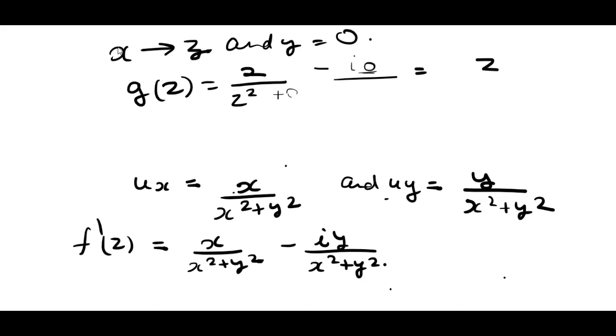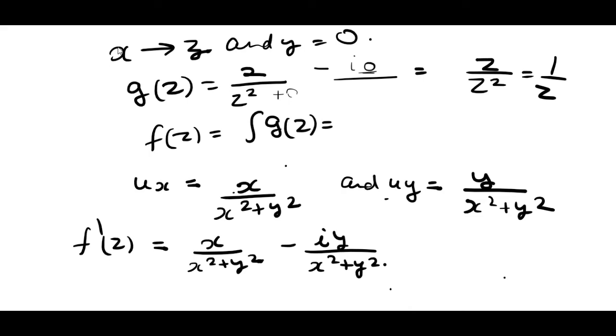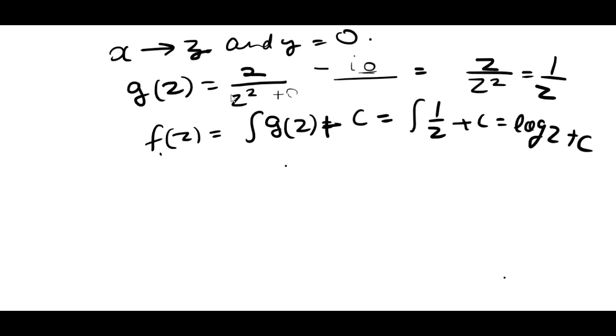So we are left with z upon z square, which is nothing else but 1 upon z. And now f(z) is equal to the integration of g(z) plus c. The integration of 1 upon z is nothing else but log z plus c. So this is how we find f(z) using u(x,y).